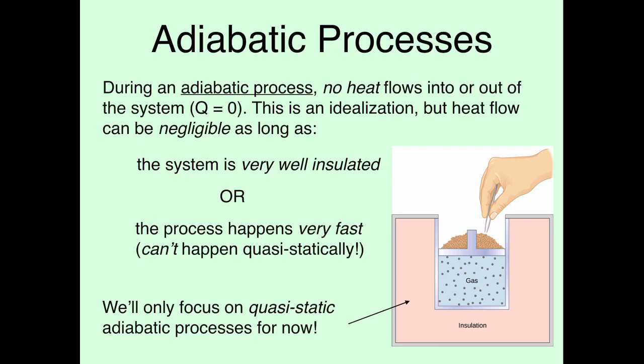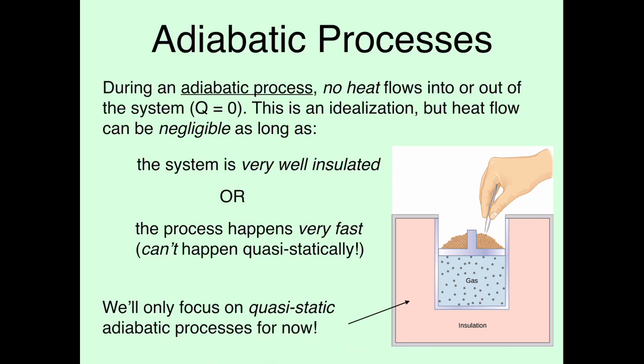We're going to focus on the first one, a very well insulated system, because the second one, where it happens really fast, is automatically not something we're going to look at because it's not quasi-static. We only think about processes that happen very slowly, if you remember.